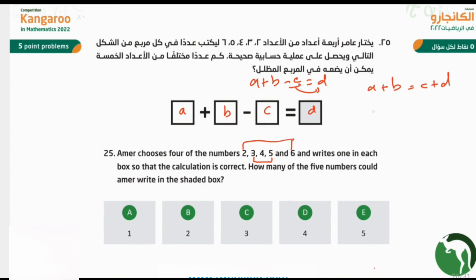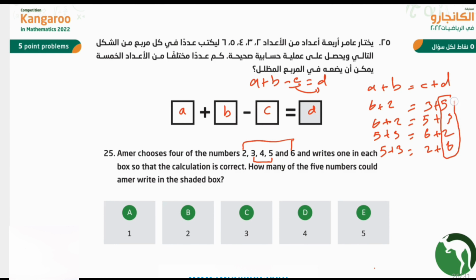So I can write 6 plus 2 is equal to 3 plus 5, or 6 plus 2 is equal to 5 plus 3. And I can write 5 plus 3 is equal to 6 plus 2, or 5 plus 3 is equal to 2 plus 6. So for D, I have four possible numbers to take, and D is the correct answer.